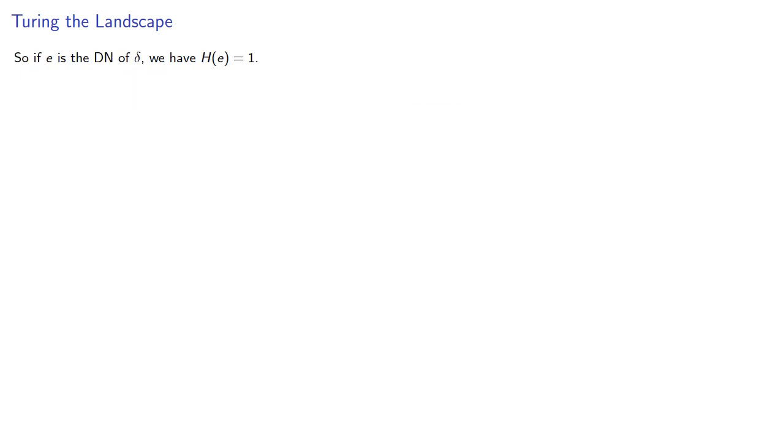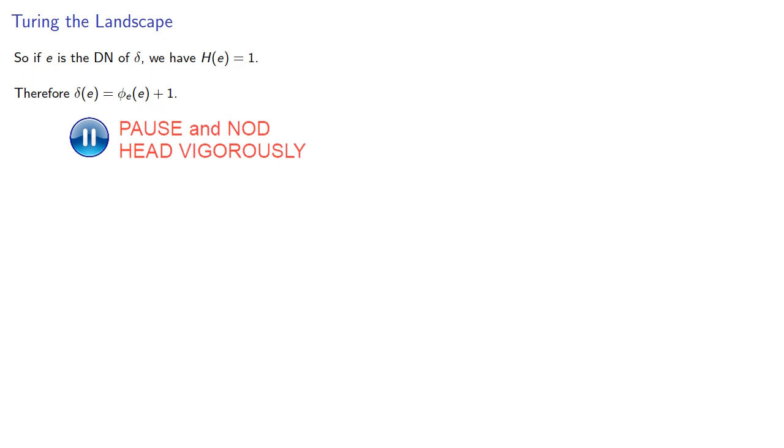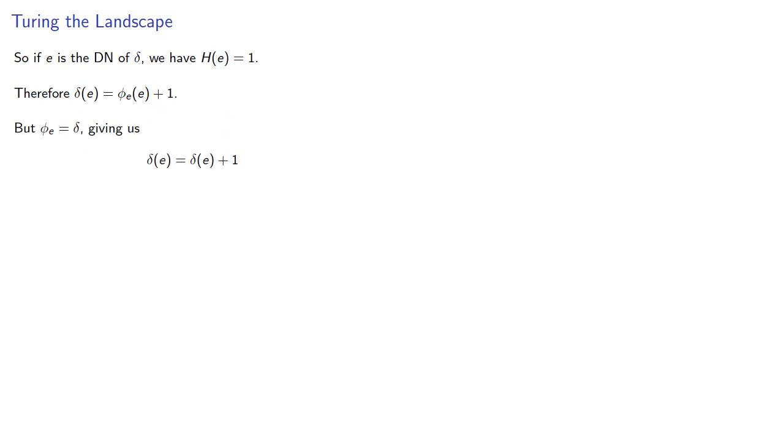So if e is the description number of delta, then we have h(e) equal to 1. And so delta(e) will be phi_e(e) plus 1. But phi sub e is the function delta, and so delta(e) equals delta(e) plus 1, which is impossible.